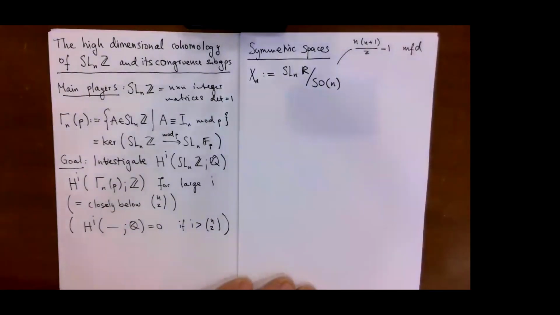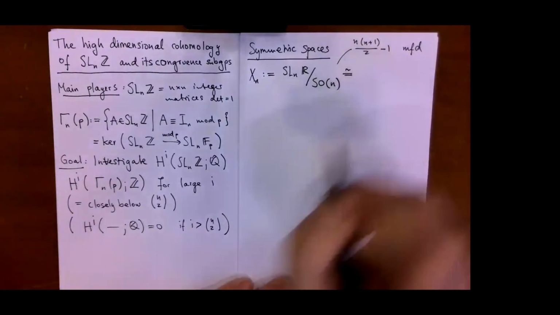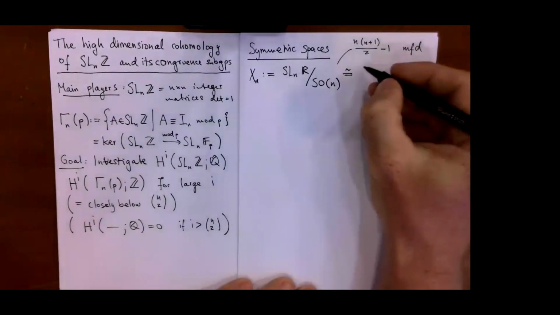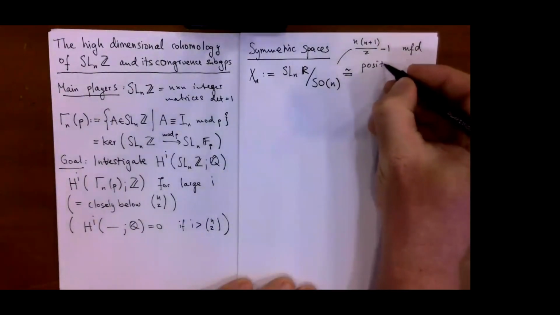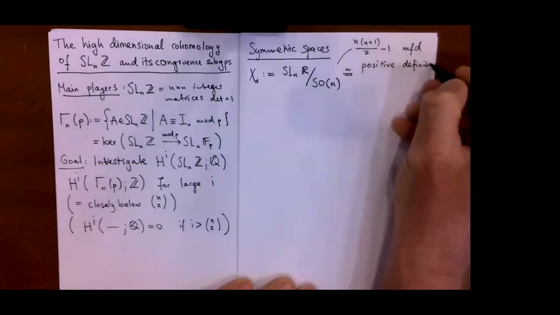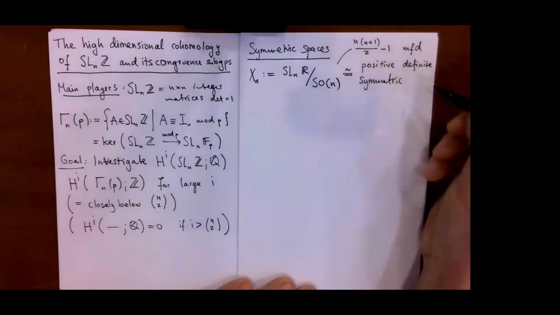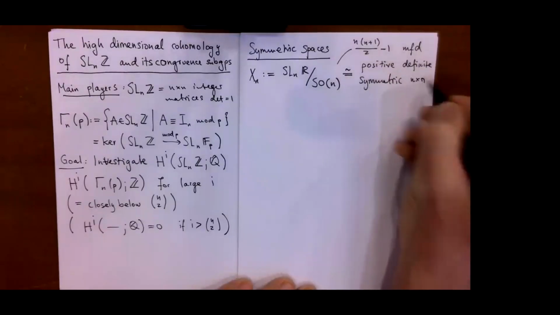And maybe one way to see this is to see that this is isomorphic to positive definite symmetric n by n real matrices.